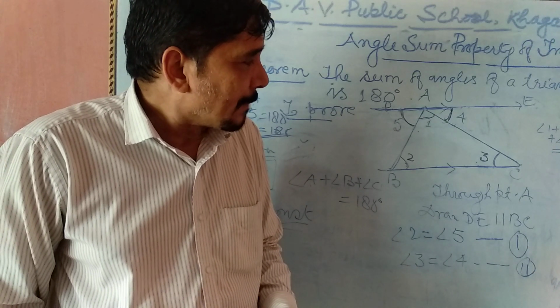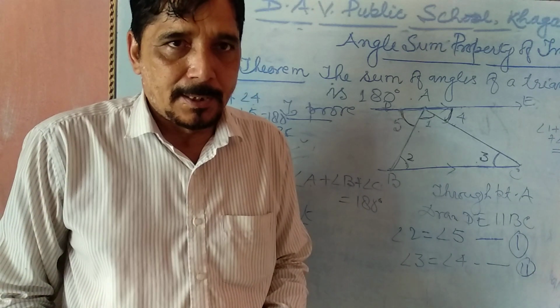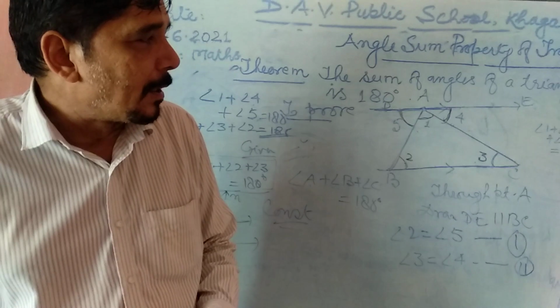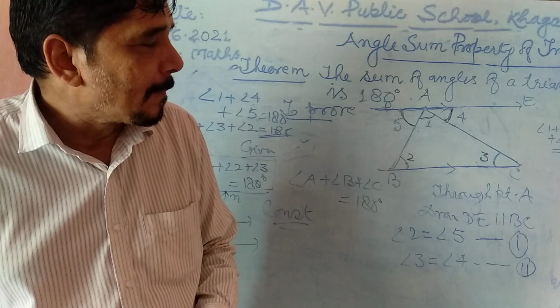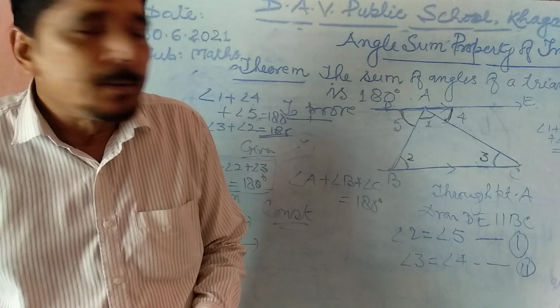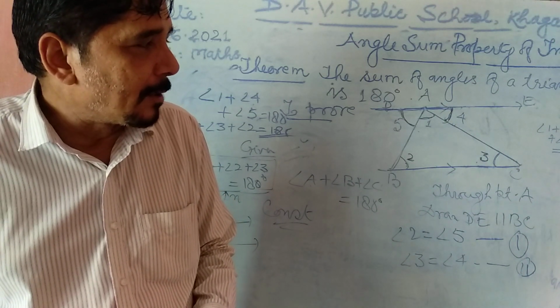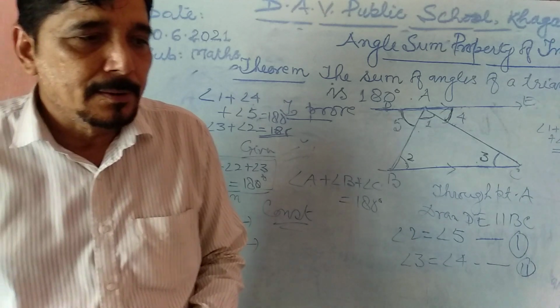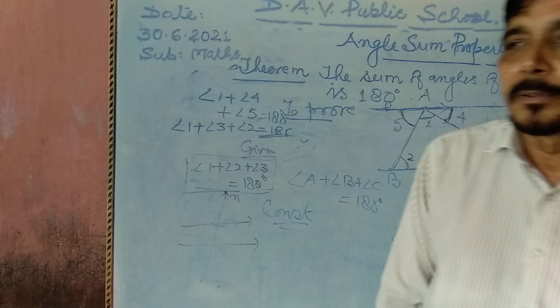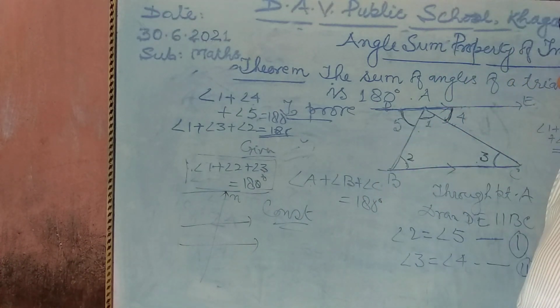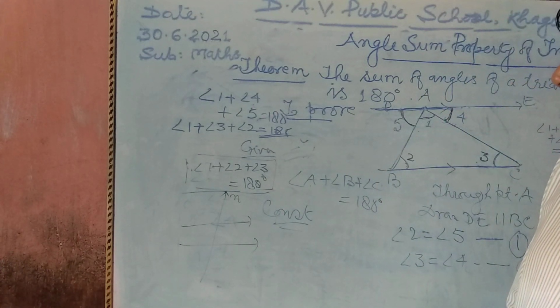We have studied this in class, in earlier classes also, and from this theorem you have done problems where, out of three angles, any two angles are given, you can find the third angle with the help of this theorem. Now here we will prove it geometrically. How will we prove it geometrically?